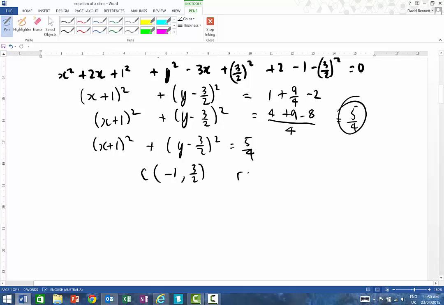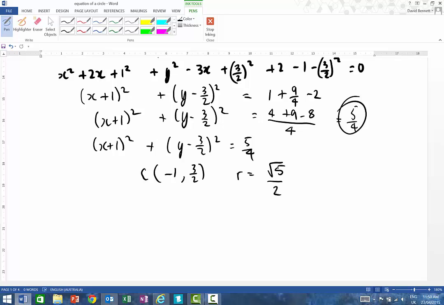And then my radius is going to be the square root of 5 all over the square root of 4, which is 2. That's possibly the hardest sort of question you get to identify an equation, where you have to complete the square for your x and your y and work out your radius.